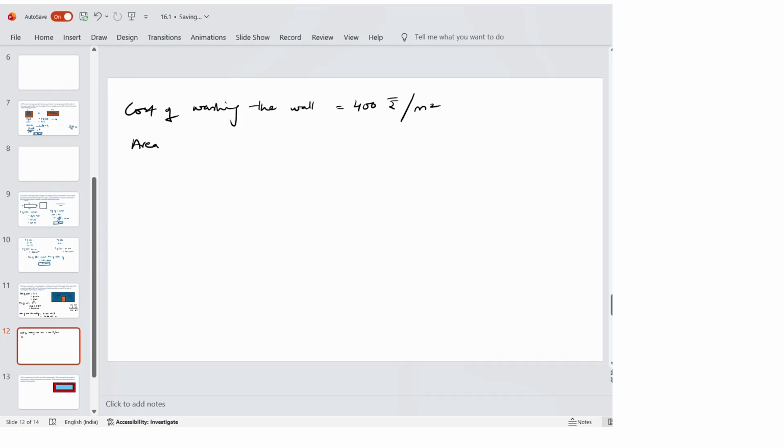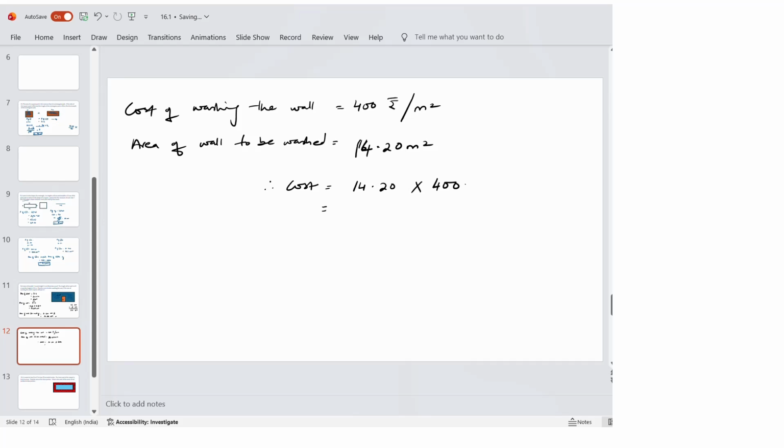Now area of wall to be washed was how much? 16.20 meters square? No, 14. I'm sorry. 14.20 meters square. So therefore cost equals to 14.20 into 400.